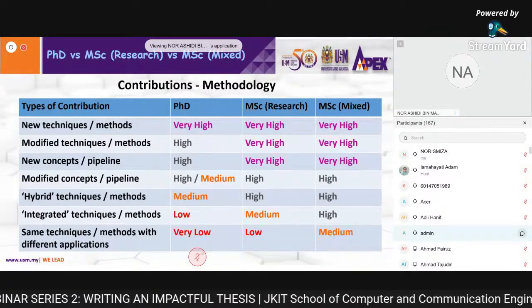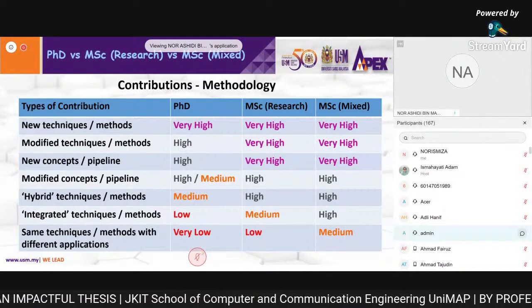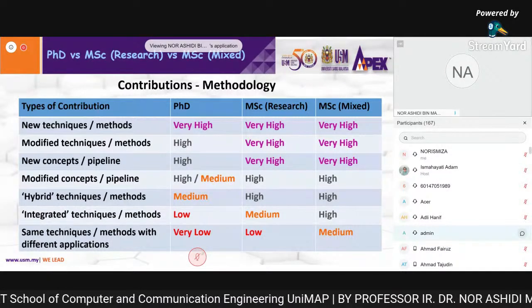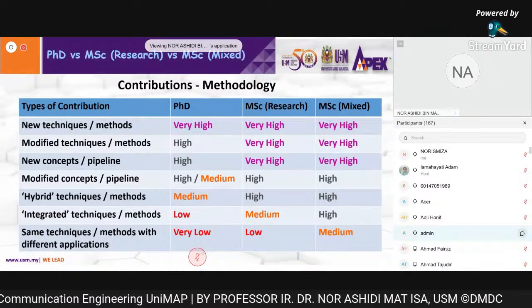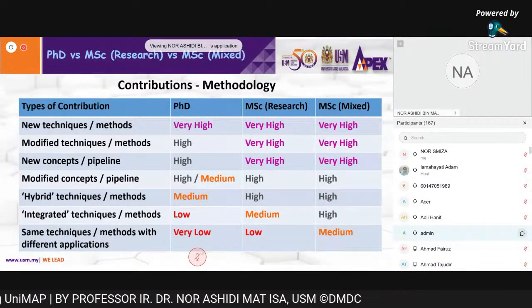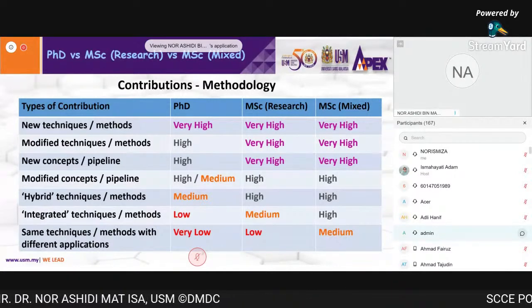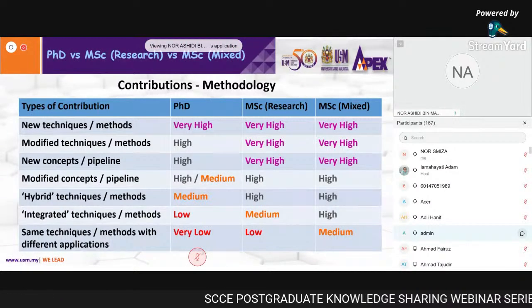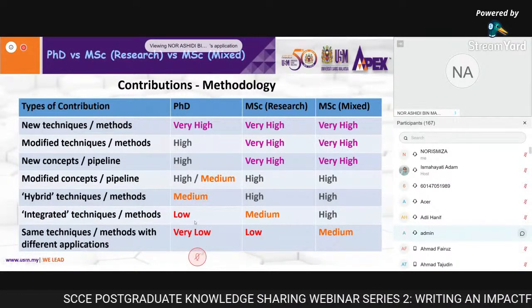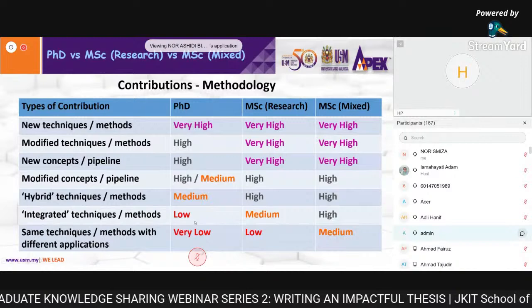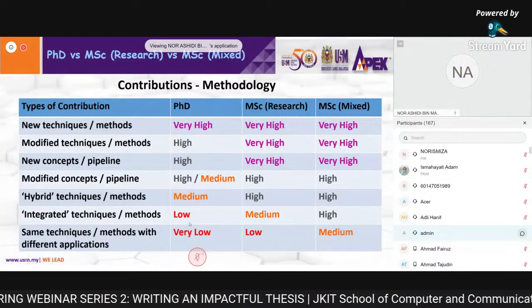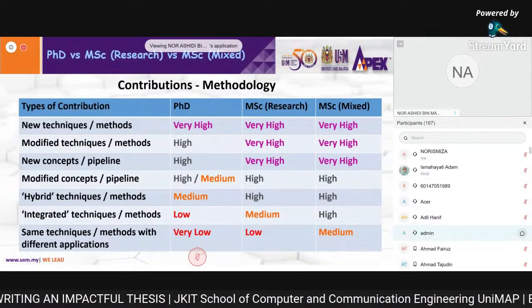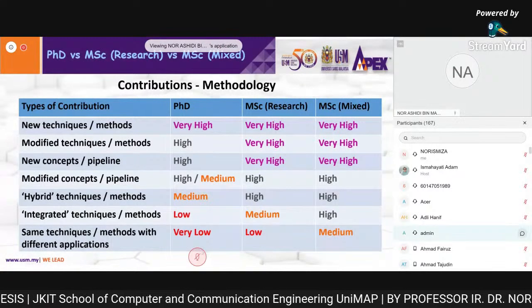There is no change whatsoever. So for the PhD, I set it as a low contribution because you do not do anything. You just take method A, method B, and combine them together.